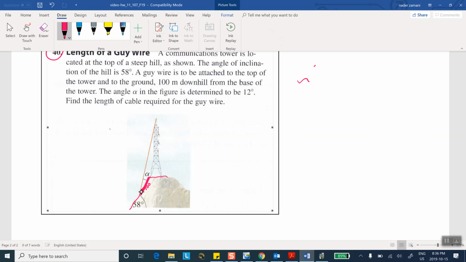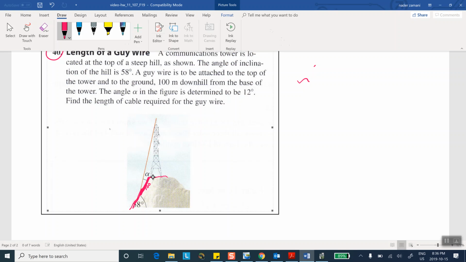This is my guess. I don't know. All right. The angle alpha is 12 degrees. That's the angle alpha. And find the length of the cable required for the guy wire. Yeah. So, okay. So this is the situation.